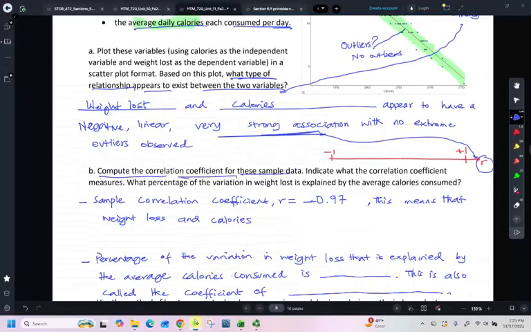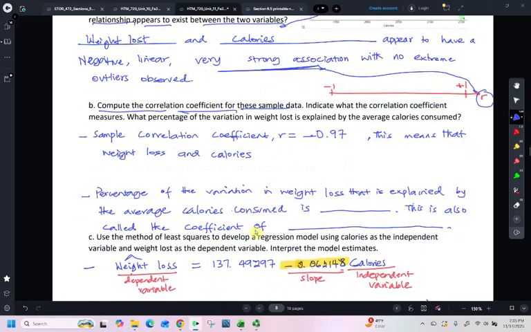And going back, what does that mean? This means that weight loss and calories have a very strong negative linear association.